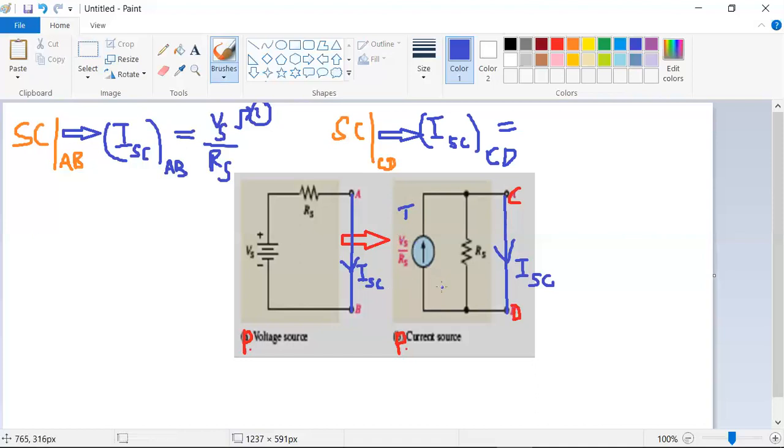So let me remove this Is first and keep it aside. Instead of mentioning Vs by Rs, let me add this as Is.